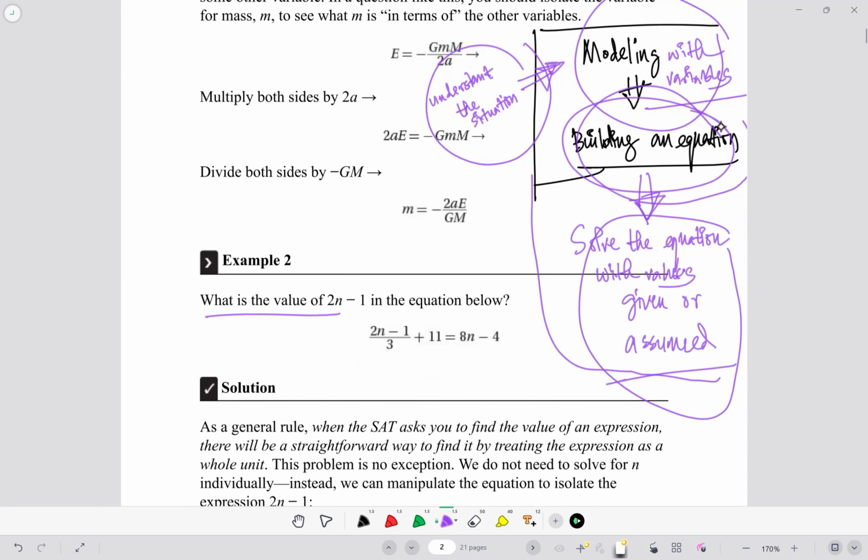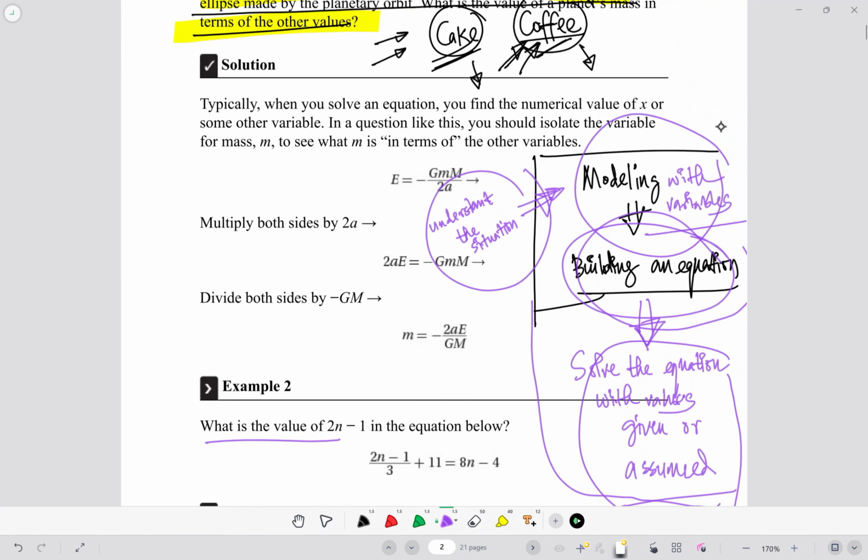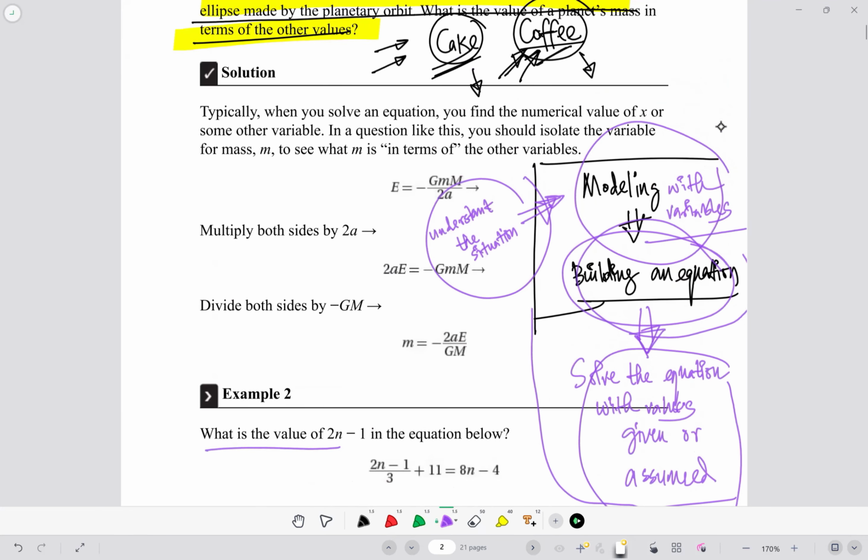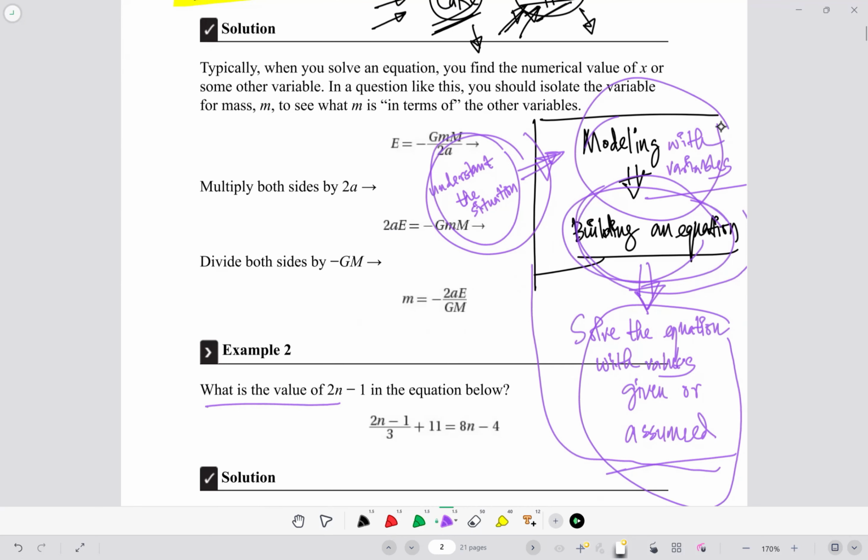In real life, or in upper classes, whichever field you go into, you are going to do this in most cases. If you're studying engineering, every single day, in every single topic, your ultimate goal is understanding the situation, modeling with variables, building an equation, and solving the equation with given or assumed values.